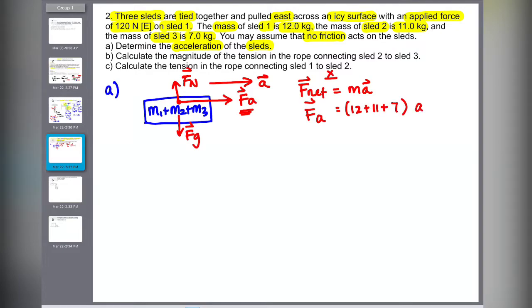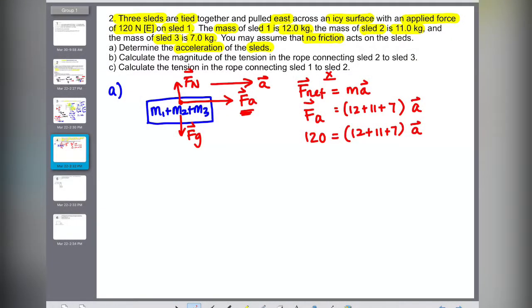So all the masses together and then solve for your A. So the FA in this case is 120 equals the mass times the acceleration, and then divide both sides and solve for your A. So if I add up all the masses, they should be 30 times A. So rearrange the equation for A. A worked out to be 4. Check the number of sig digs. There should be 2 sig digs, so I'm going to put 4.0 meters per second squared to the east.